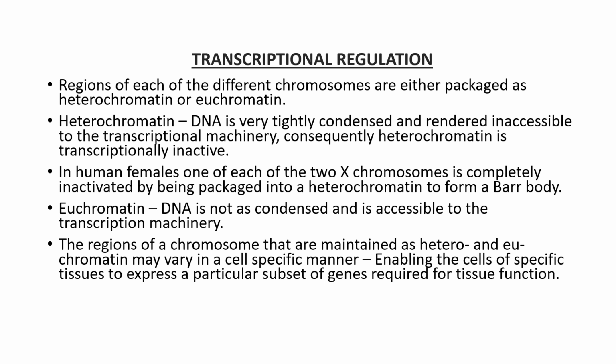Moving on to transcriptional regulation, the regions of each of the different chromosomes are either packaged as heterochromatin or euchromatin. As we have studied earlier, heterochromatin is DNA which is very tightly condensed and rendered inaccessible to the transcriptional machinery.